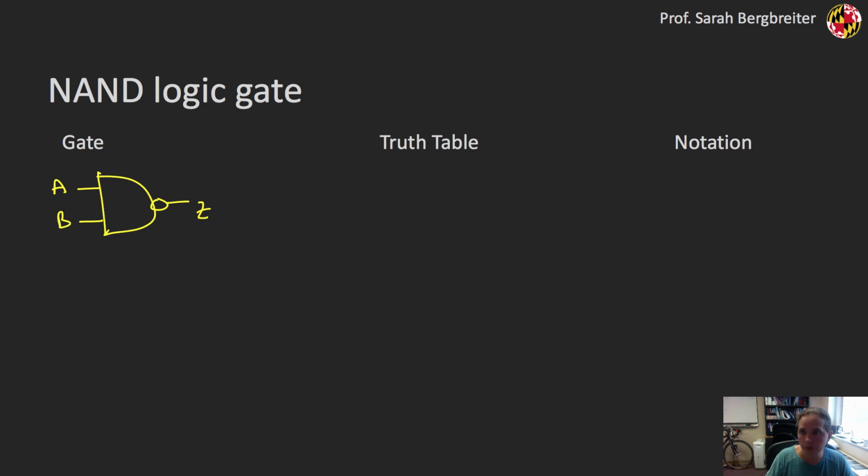The truth table for my NAND is going to look like an inverted version of the AND. So if I write out all of my different combinations of inputs, for an AND, remember we had 0, 0, 0, 1. For a NAND, we're going to have the inverse of that. So 1, 1, 1, 0. And the notation for this is a combination of two notations that we've already discussed.